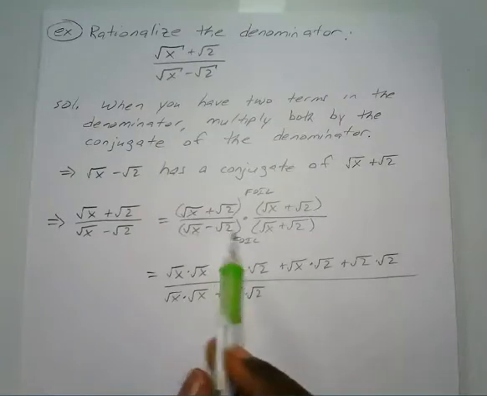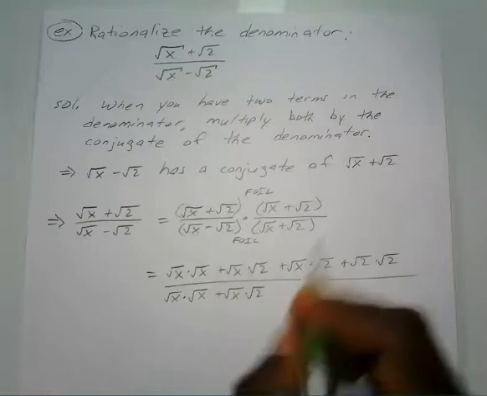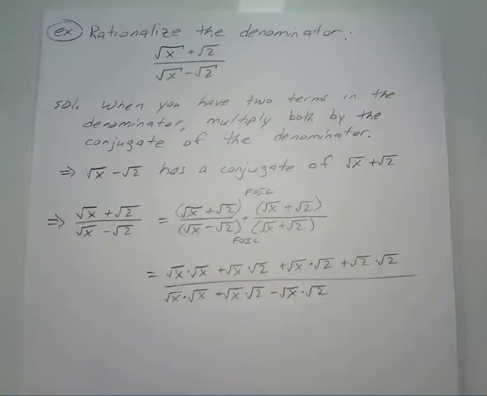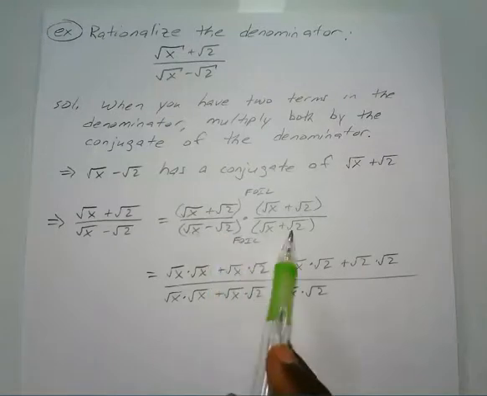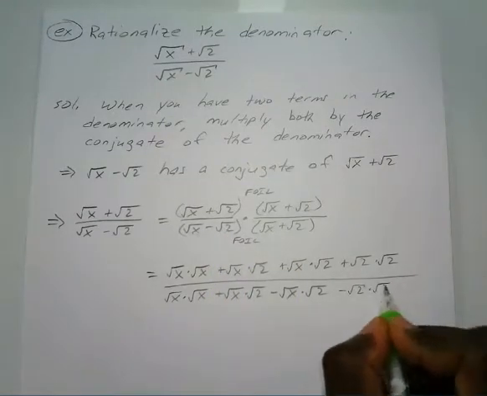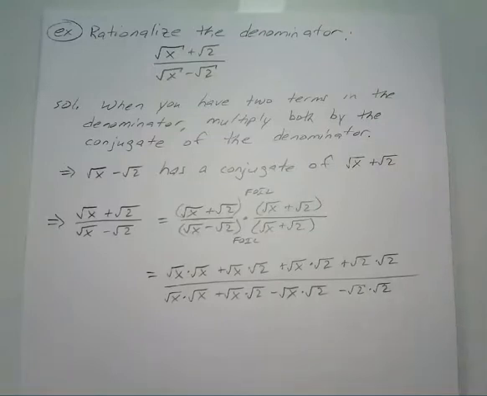You have your inner, square root of x minus square root of 2, so that would be minus square root of x times square root of 2. Then you have your last, which is minus square root of 2 times square root of 2. If you notice, whenever you multiply by the conjugate, those two will cancel each other out.